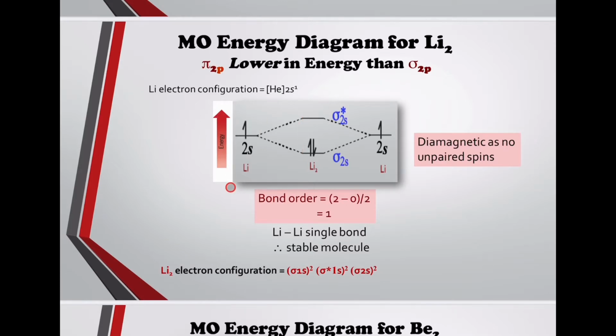So this is the energy. 2s, this is the atomic orbital for the lithium, and this is the molecular orbital for the Li2, and this is the atomic orbital for the Li. So 2s1 here, so 1 electron here and 1 electron here, total 2 electrons. Put the electrons in the lowest energy level.